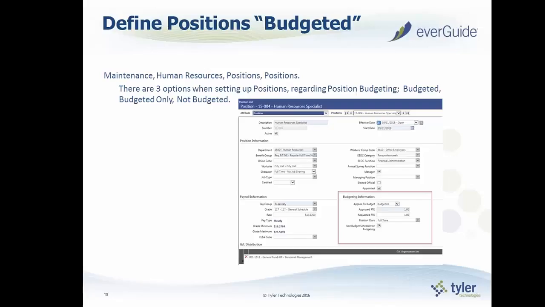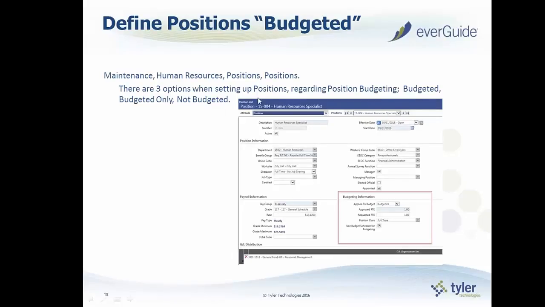In the lower right-hand corner of an actual position, there's a budgeting information section. I've got a little box around it. It says apply to budget, and I have a few options. I can mark a position to be budgeted, budgeted only, or not budgeted at all.